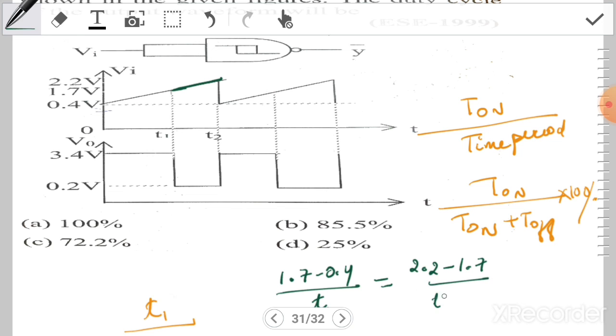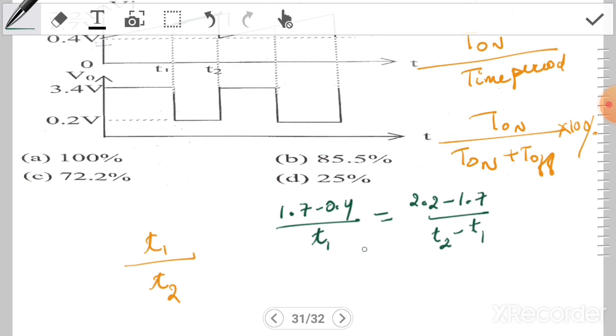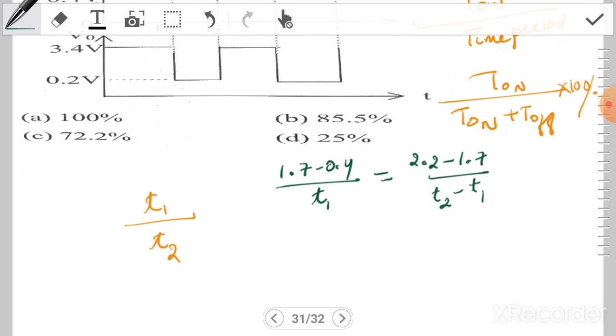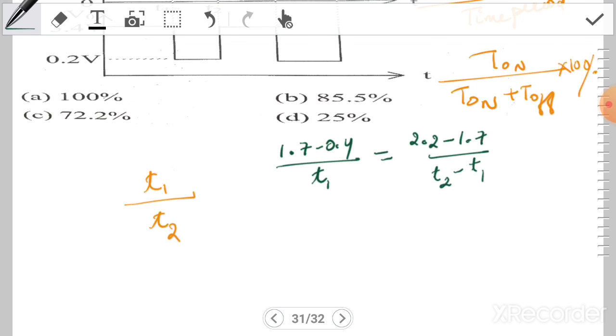The slope is the same in both cases, so just equate, and then T2 minus T1 by T1 is equal to 0.5 by 1.3.